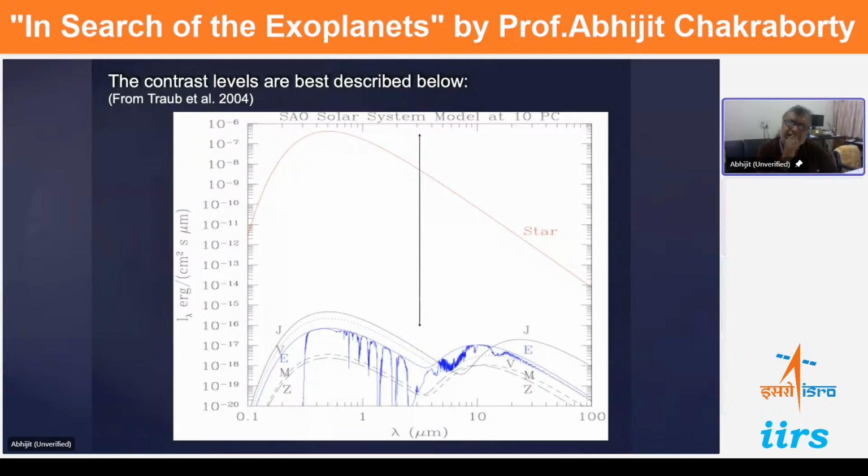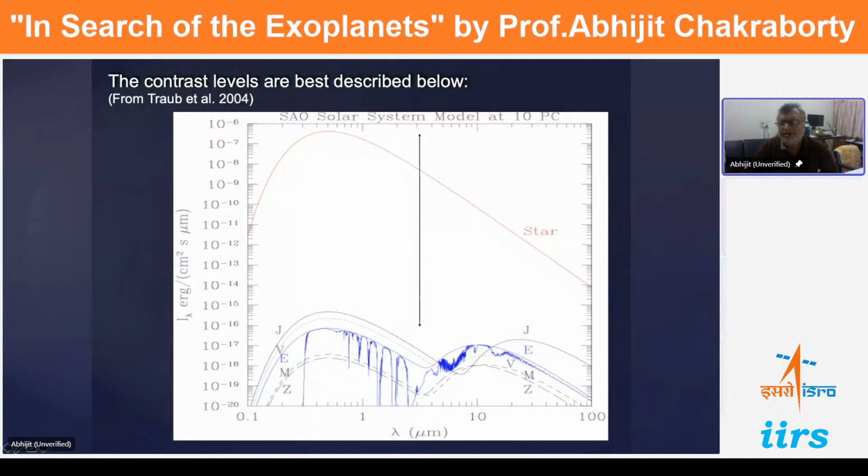Because if you see the contrast between the sun's brightness and the brightness of the other planets like Jupiter, Venus, Earth, Mars, you can see the difference is very huge. In the case of Sun and Jupiter, the contrast is like 1 billion. And in the case of Sun and Earth, the contrast is like 10 billion.